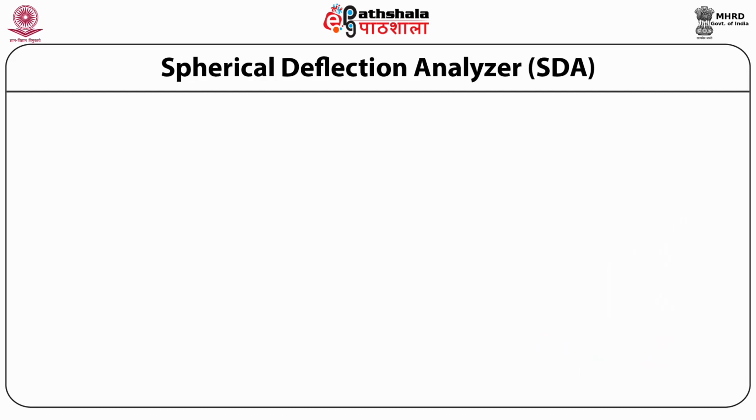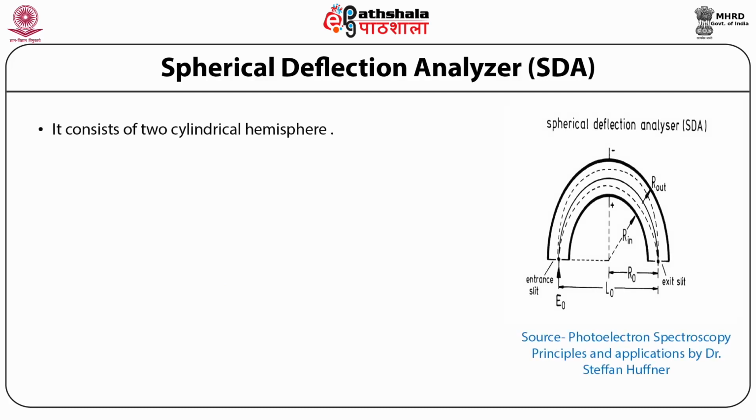Last one is the spherical deflection analyzer, that is SDA. SDAs are similar to CDAs, but they consist of 2 concentric hemispheres instead. In an SDA, the transmission of photoelectrons with initial energy E0 occurs along a path where R0 is equal to (R in + R out) / 2.